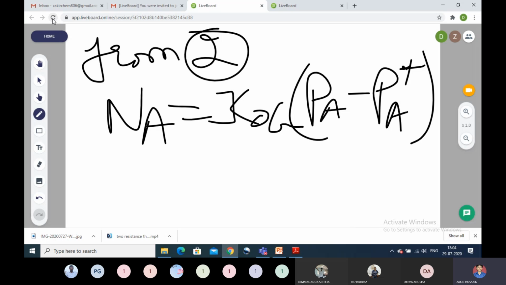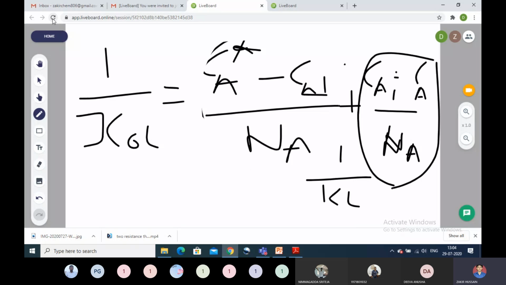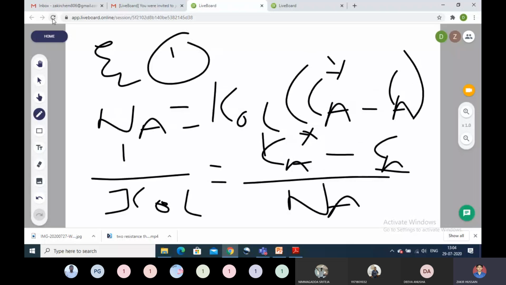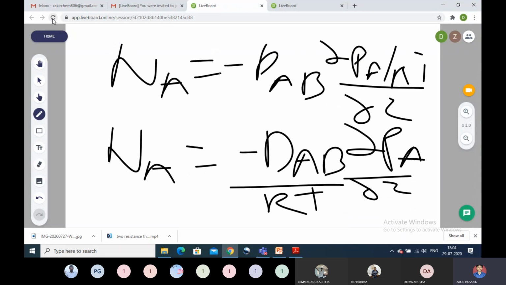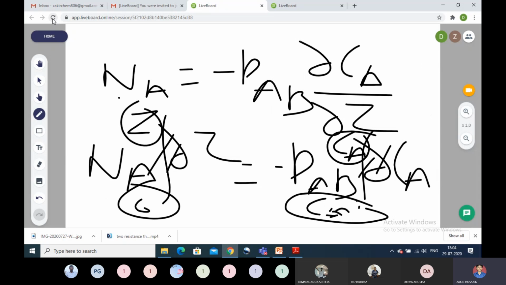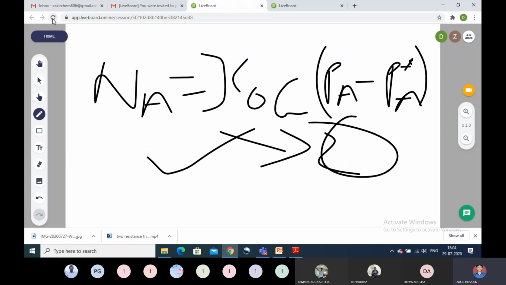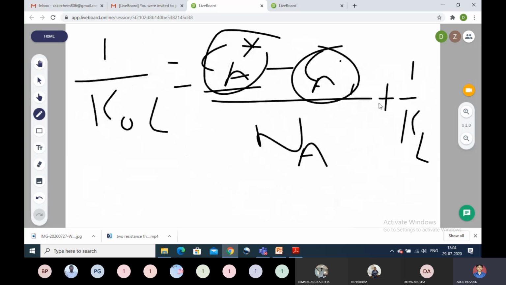We can verify from the previous slides. This is equation 2. Na is equal to kog into pa minus pa star. So this equation I have written there.